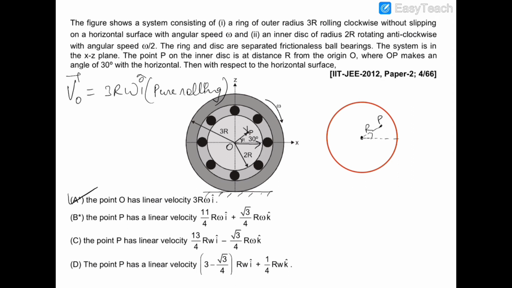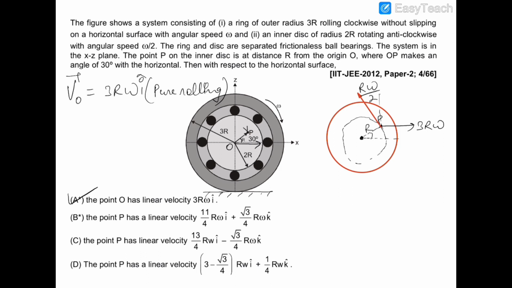Now the center has a velocity of VO, so VO would also be the velocity of point P. So it would be 3r omega in this direction, as well as this point P would also be moving in a circle of radius r, and the angular velocity is given as omega by 2. So the component r omega of point P would be like that. So this is r omega by 2.